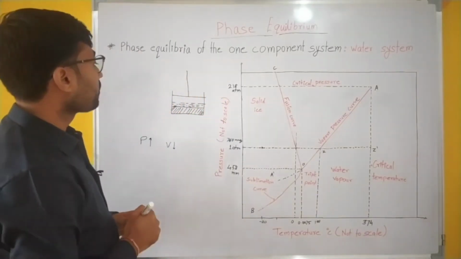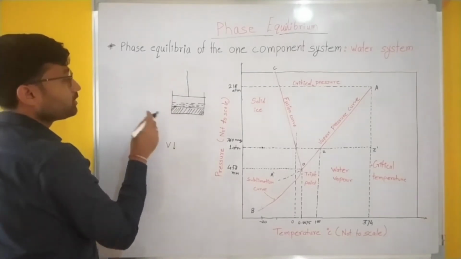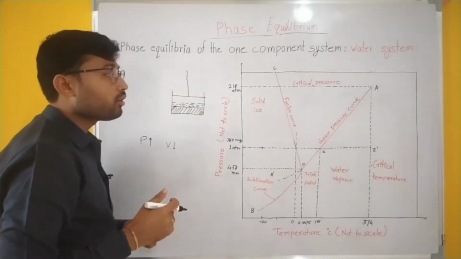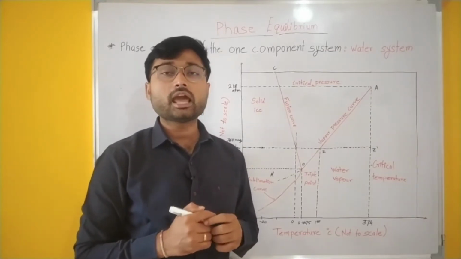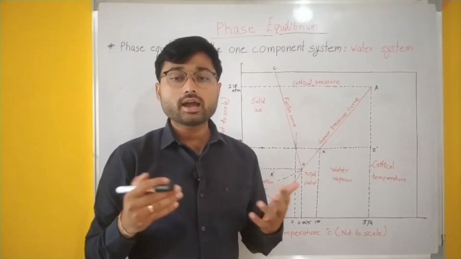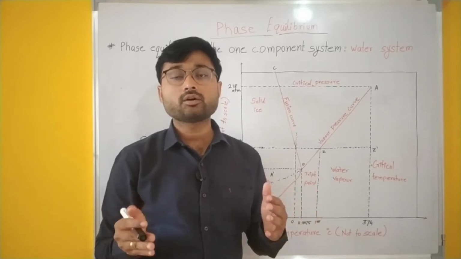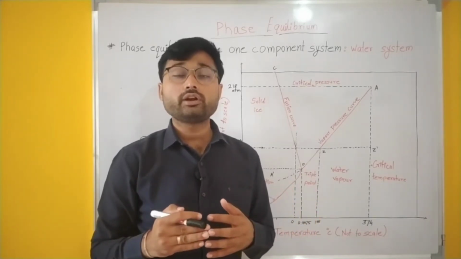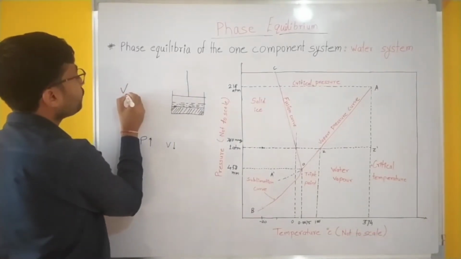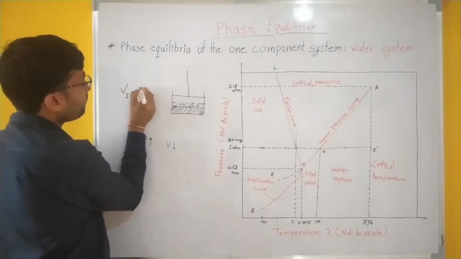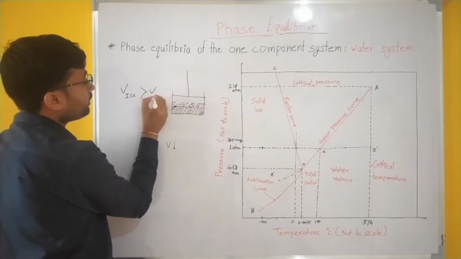This phenomenon we call the anomalous behavior of water. This generally happens because ice has lower density compared to water; ice has lower density and more volume than liquid water.